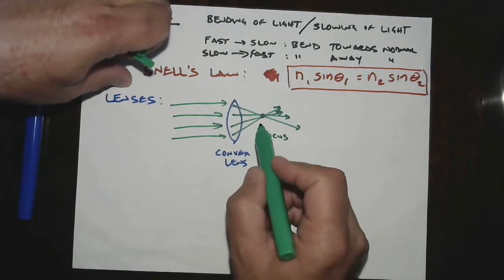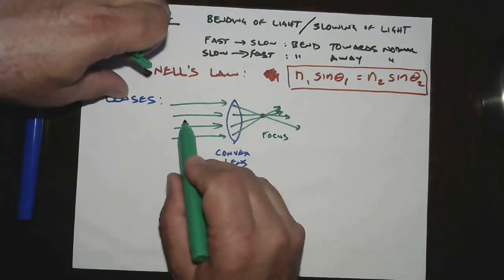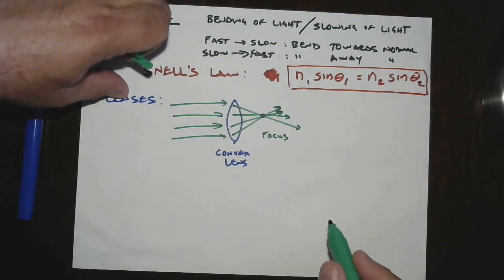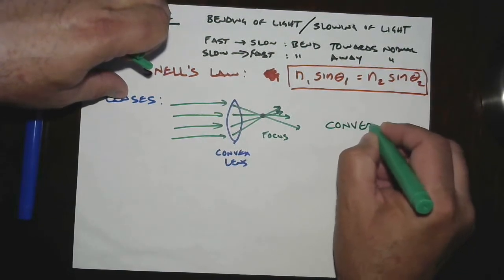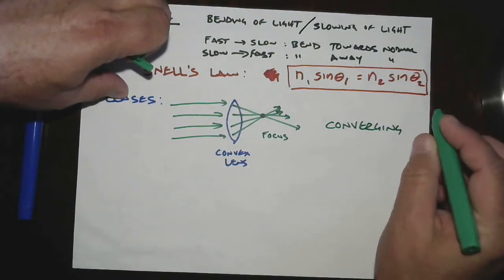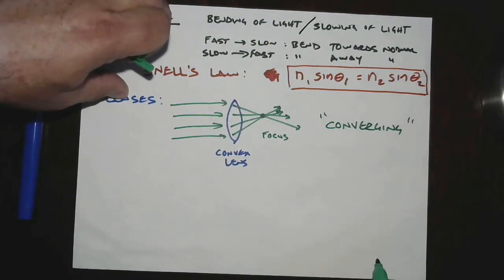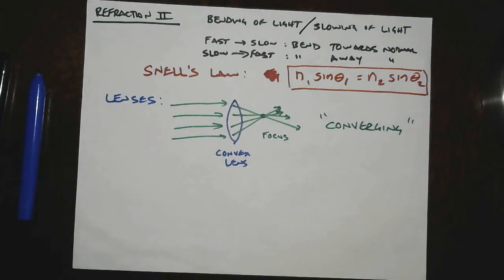So the focal point on this lens is determined by putting some parallel rays of light into it and seeing where they focus. This is a converging lens, and that's important because we're going to need to deal with that today.